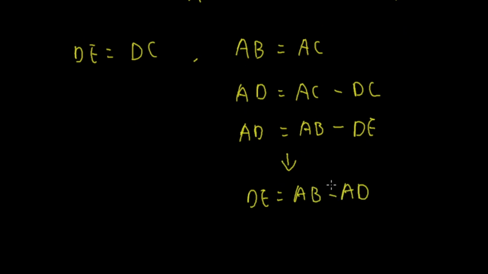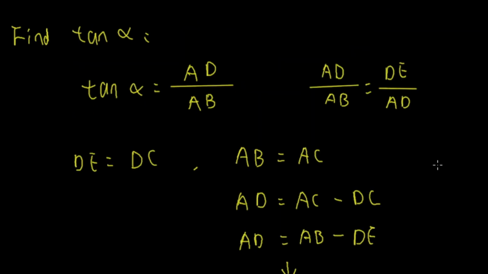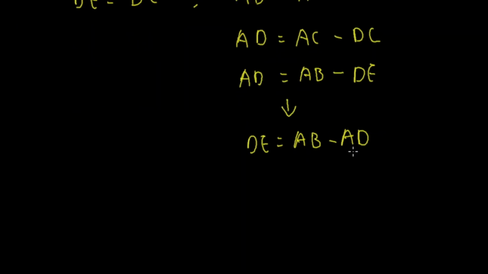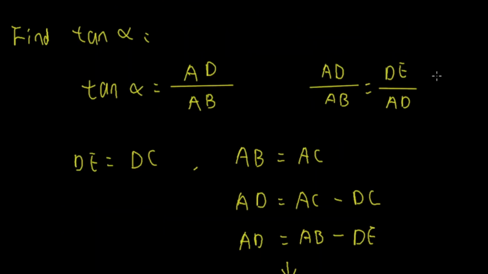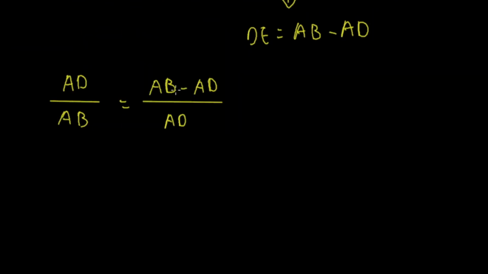Now we can replace DE here with AB minus AD. So let me rewrite this here. AD over AB is equal to AB minus AD over AD. So I just replace DE with AB minus AD. Let's separate this.